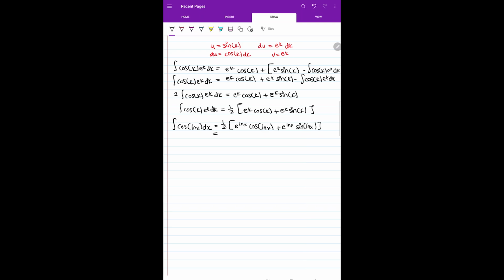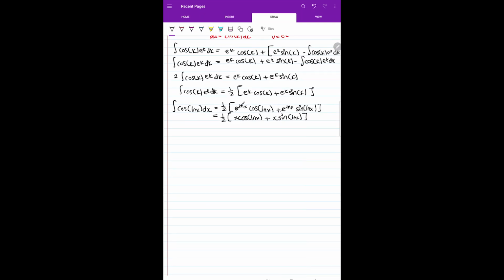Now, as I said earlier, e to the ln x, these are going to drop down and it just becomes x. So again, we have half x into cosine ln x plus x into sine ln x. And now what I would do to make this just look better is factor out the x.